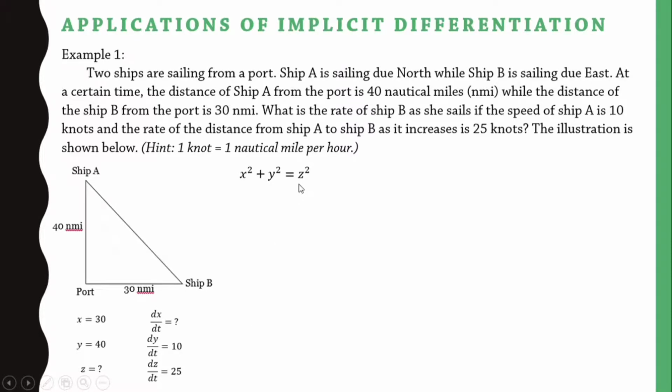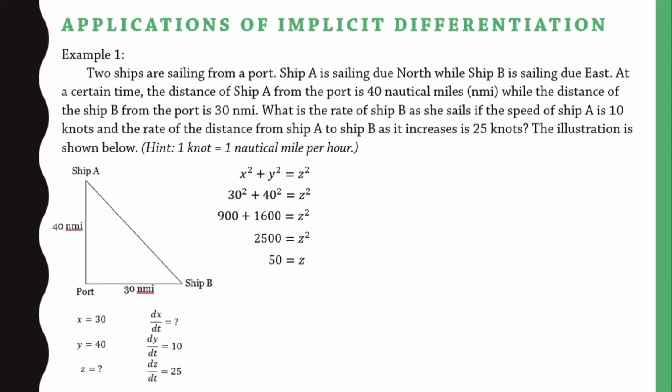So x is 30, so that's 30 squared, plus y is 40, so that's 40 squared, equals z squared. 30 squared is 900, and 40 squared is 1,600. Then z squared is 2,500. To find z, we have to get the square root of 2,500. That is 50. That means the distance between ship A and ship B at a certain time is 50 nautical miles.